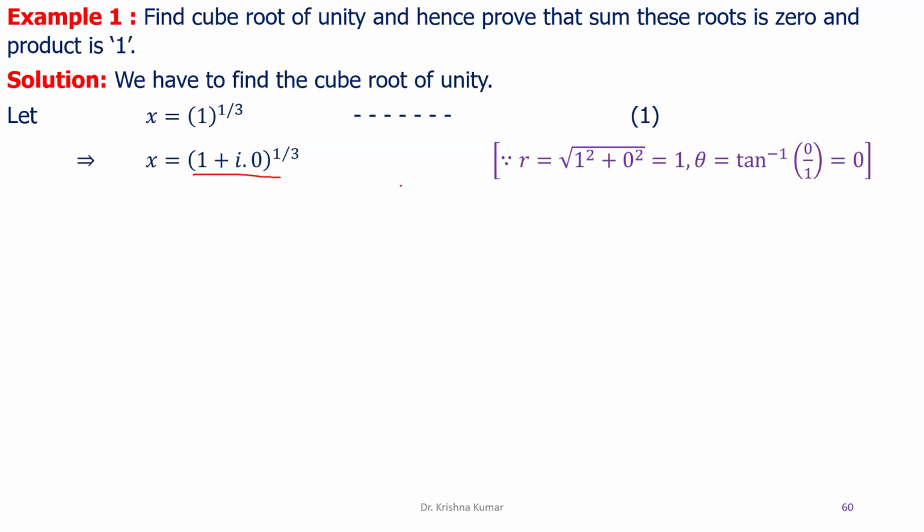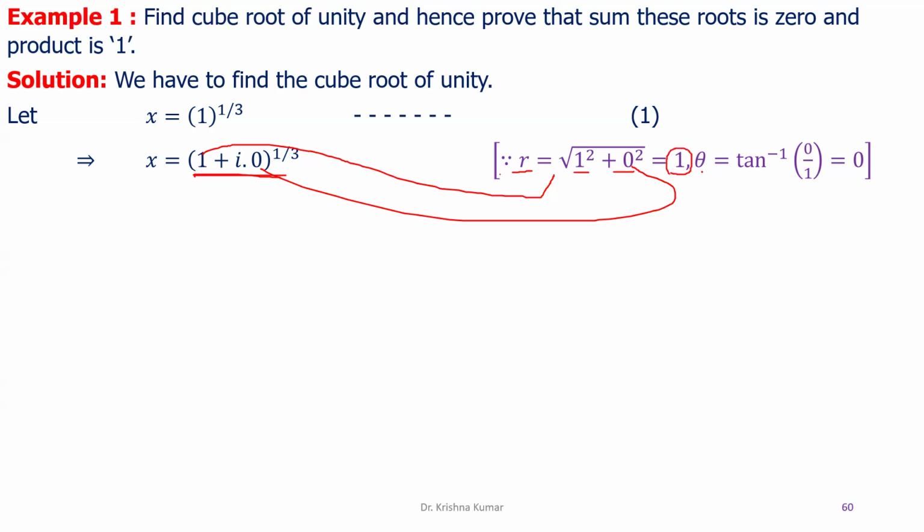If you want to convert any complex number into its polar form, we write r, the modulus, which is equal to root over x square plus y square. Here x is 1 and y is 0. So 1 square plus 0 square is root over 1, which gives us 1.